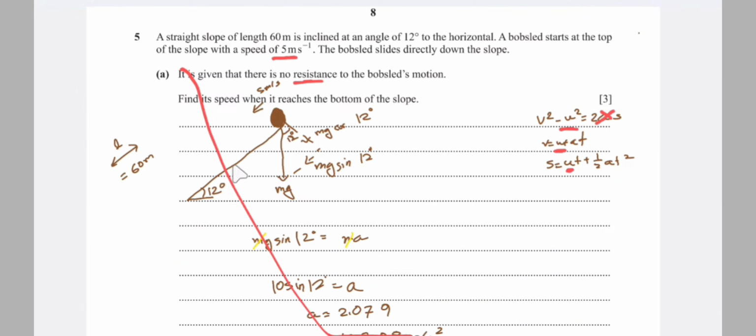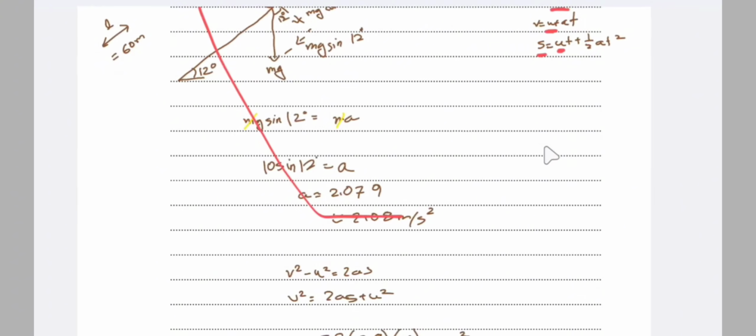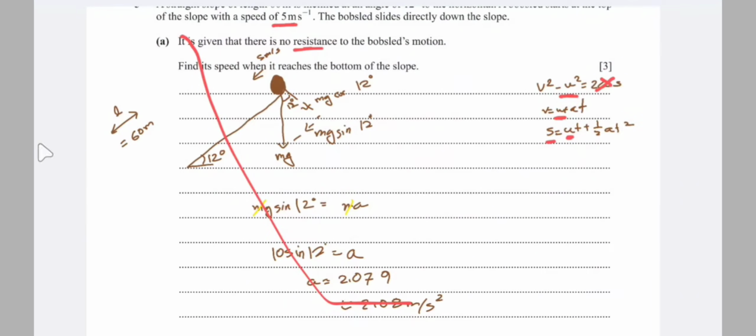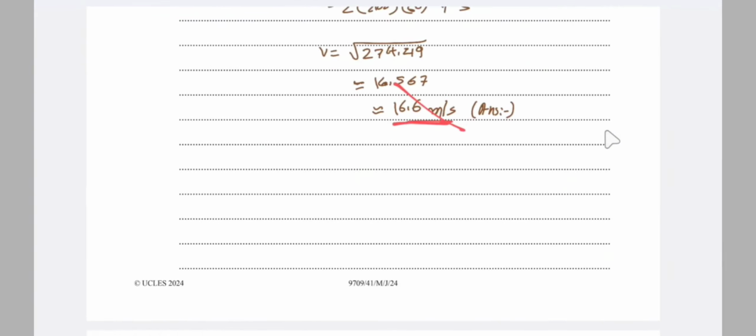So distance is 60, so s is 60, and we just need to find the acceleration, and we don't know the value of v. We know the value of v in the previous part, but since that part is without friction, and we need a value that is with friction, therefore we have to avoid that part in this calculation. So by using the equation we can find the time.